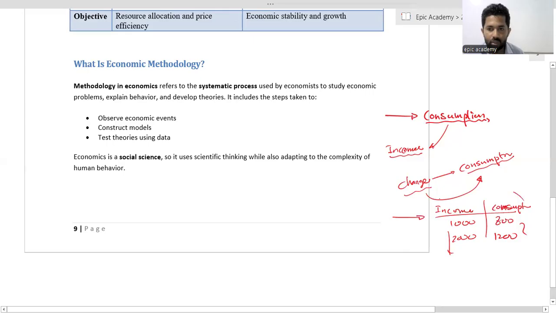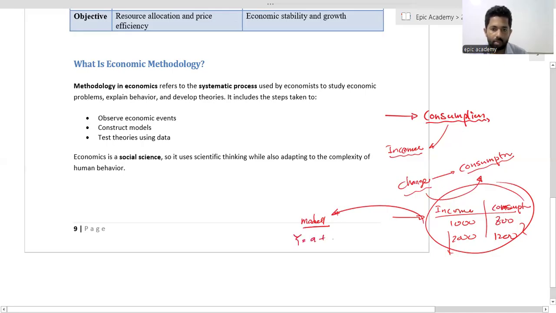So by using this data, you can create a model to explain the exact relationship between income and expenditure. As an example, y equals a plus bx. Simple explanation: those are the independent variable and the dependent variable.